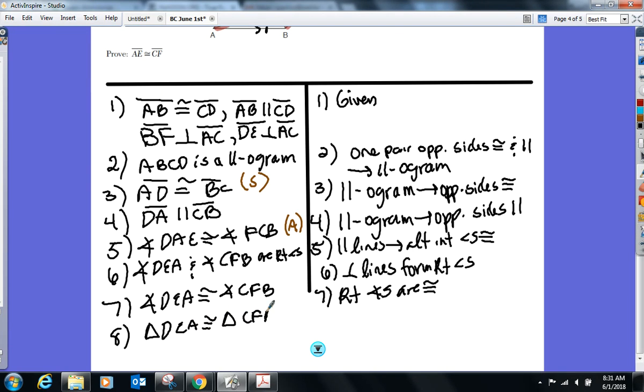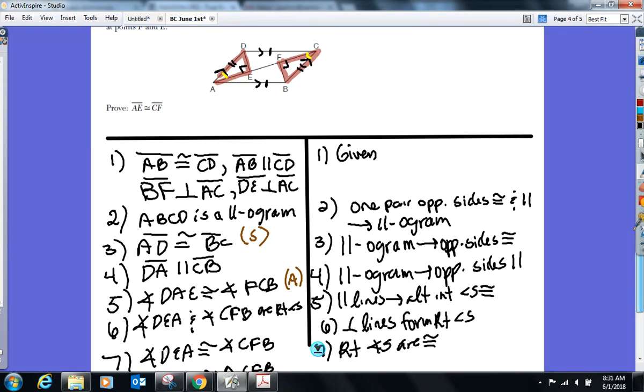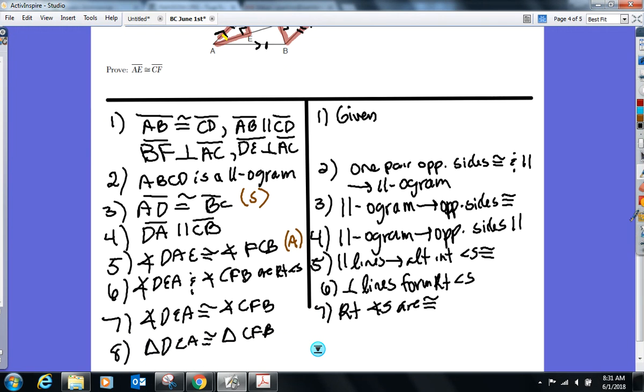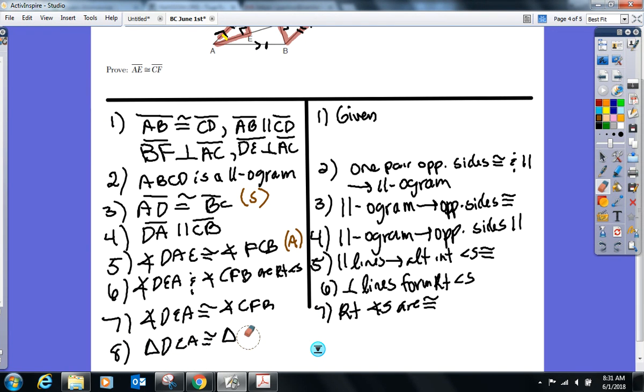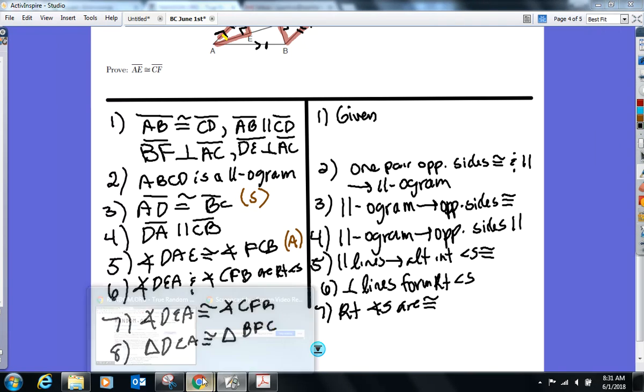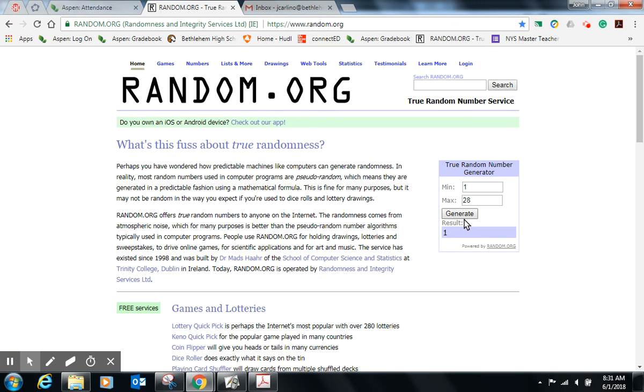Did I get those in the right order? I'm not even looking at the diagram. DEA should have been BFC. Got a method there for me? Yep, great.